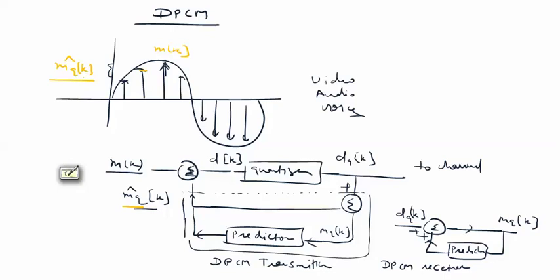Cap means previous value. The difference between these two values is DK, which is MK minus MQK. This component is a modulus, the difference may be in either direction.